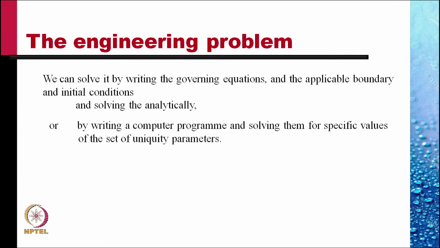When we are solving these equations analytically, we do not have to bother initially about the values of the uniquity parameters, but if we are solving the problems on a computer, then we will have to give the values of the uniquity parameters. Then only the computation would proceed, because the computation is playing around with numbers.